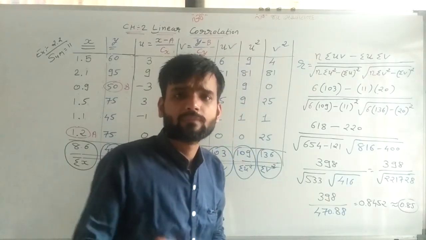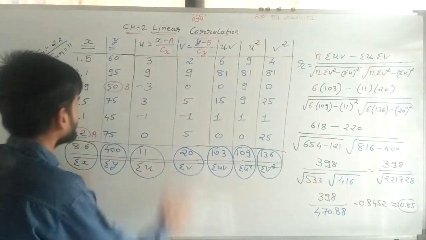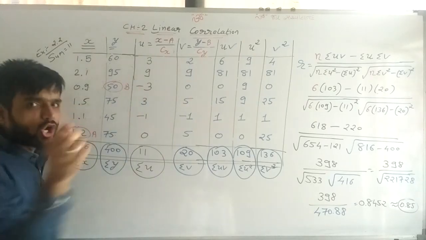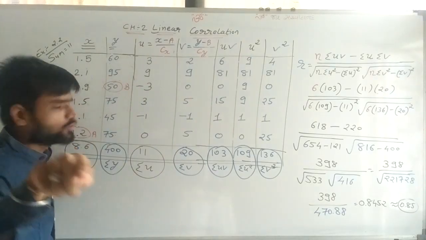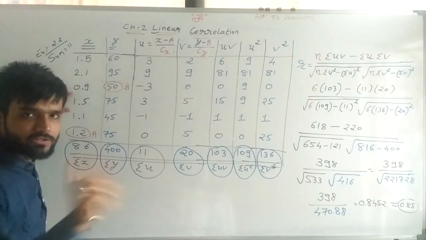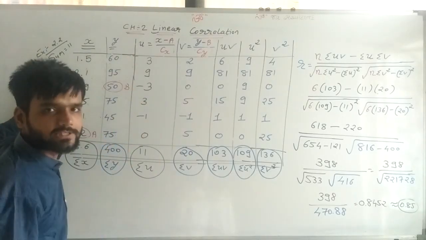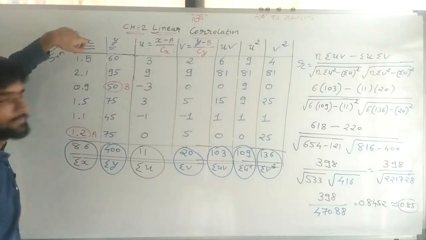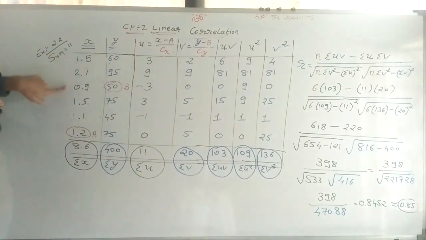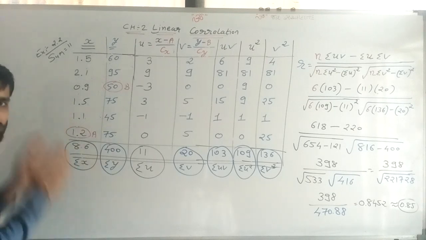That's why. Now see here, this sum is given to you in your textbook. I said to you the only change is 1.5 instead of 1.8. Otherwise all the values remain the same. So here x is 1.5, 2.1, 0.9, 1.5, 1.1, 1.2. That is given to you.